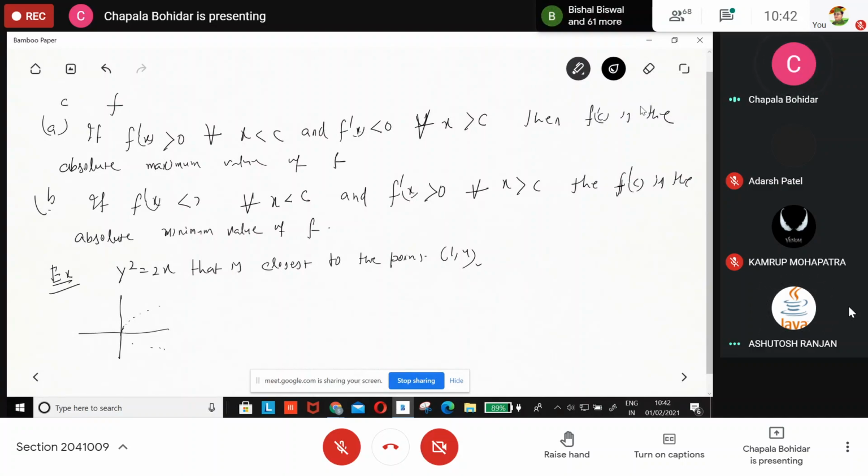There is a point here, which is our x, y, on that parabola. And the point 1, 4: say it is 1, 2, 3, 4. So let 1, 4 be this point here.